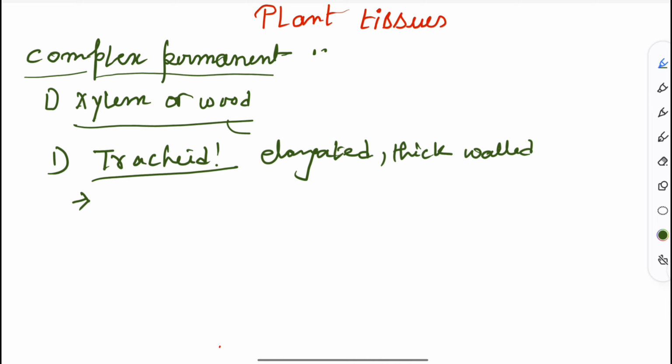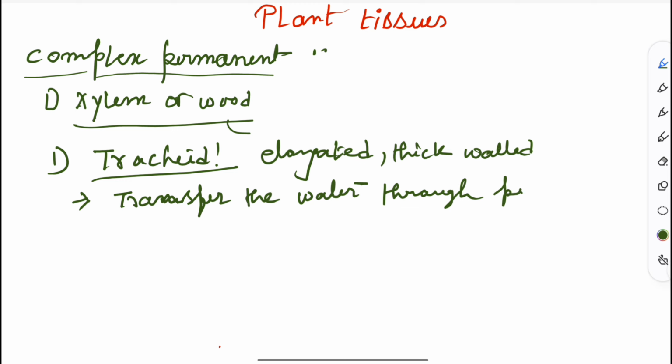Unlike the vessel, their ending part is closed and tapering. That is why they cannot conduct the water as a vessel does. They have to transfer the water through pits.